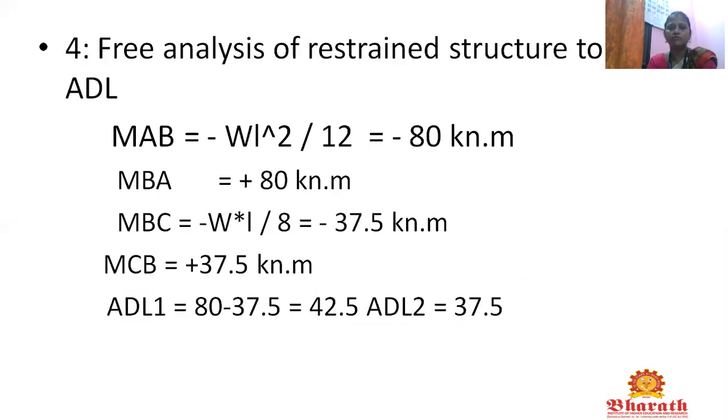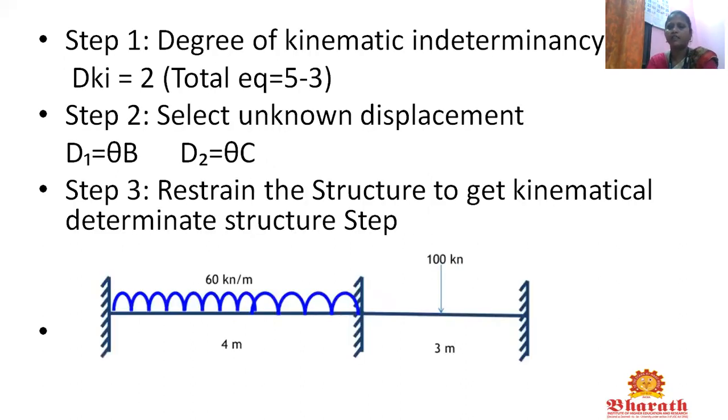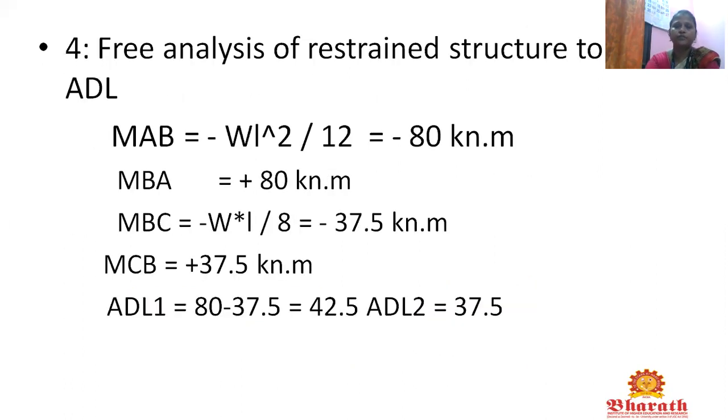So coming to the solution, that is MBC. What is the load acting in your problem? That is a point load, with a distance of 1.5 meters, equal spacing. In such a case, the fixed end moment formula is WL by 8.